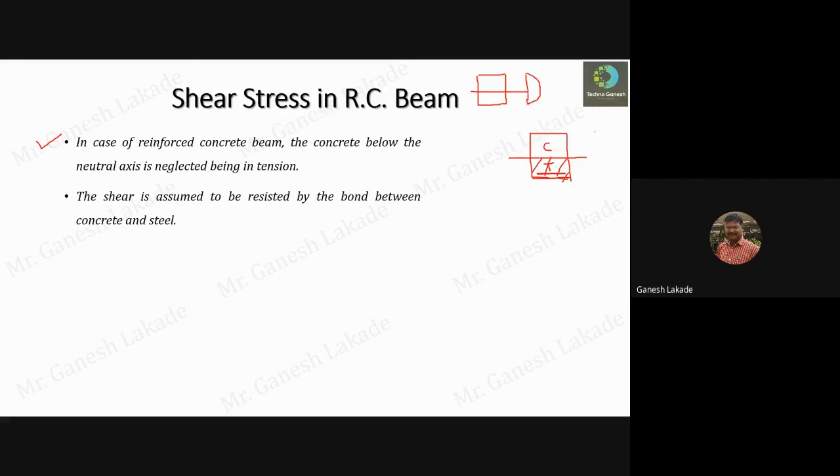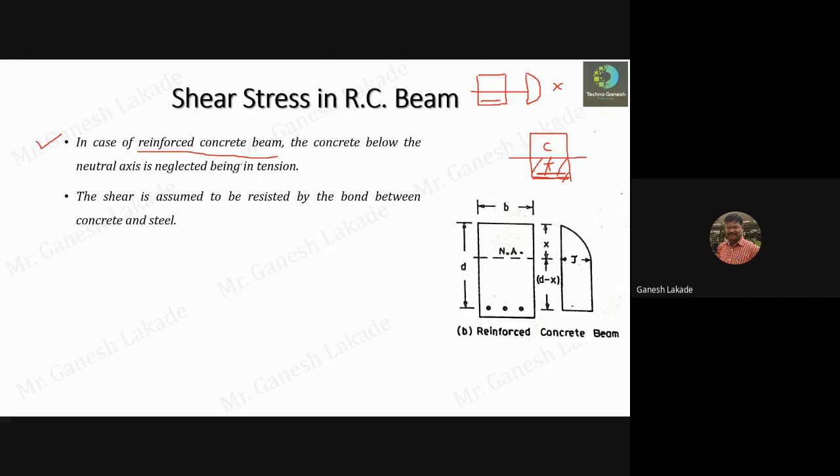But in a reinforced concrete beam, we provide the reinforcement here, so this concrete is not going to take any tension. All the tensile forces will be taken care of by this reinforcement. So the shear stress distribution in this reinforced concrete section will not be similar to this. This kind of shear stress distribution will not occur in reinforced cement concrete.